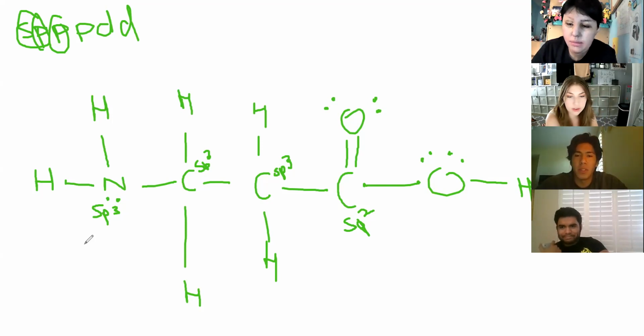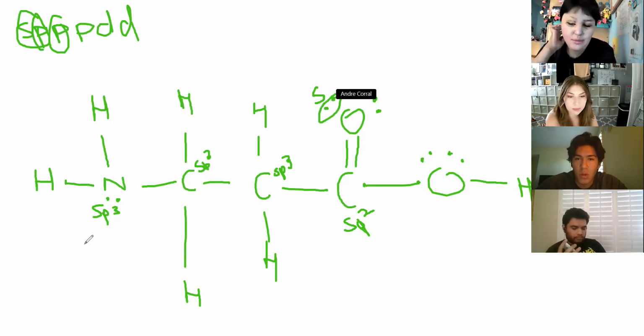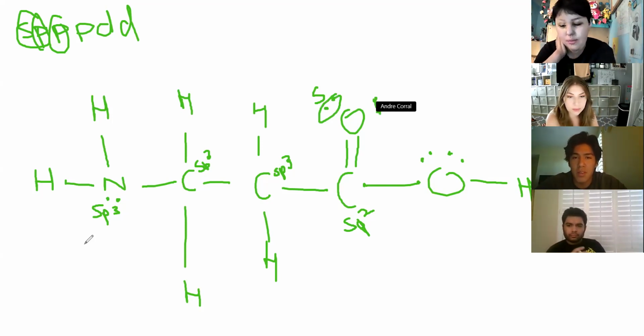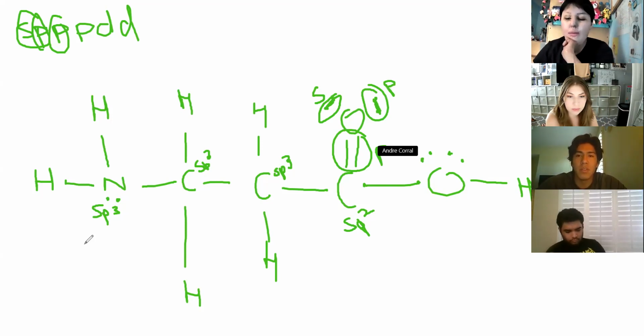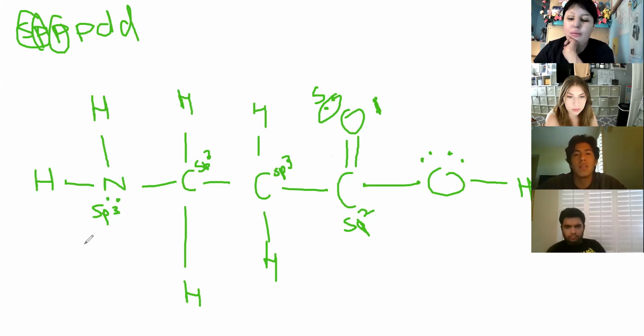Yes, sp2, because remember you count the things, so like lines. Remember that these bonds, those 2 dots, they make a line. So you can think of them as a line, and we count double bonds as 1 thing, so S, P, P, the same thing as that, so sp2. So that oxygen right there is sp2 hybridized.